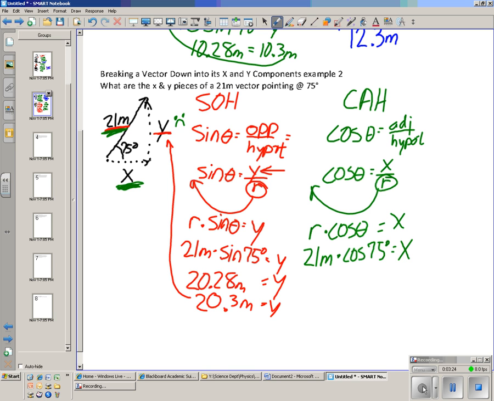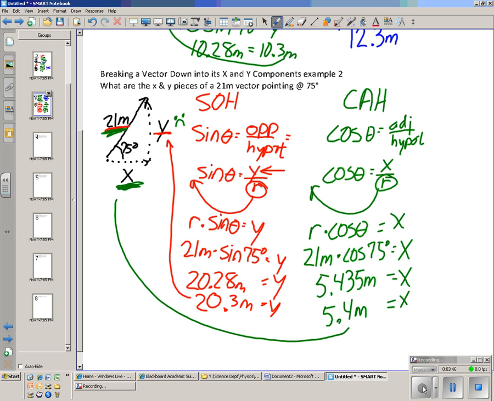So tapping that into my calculator, I would have 5.435 meters, or rounding off to a little more reasonable sig figs, that would be 5.4 meters is this value.